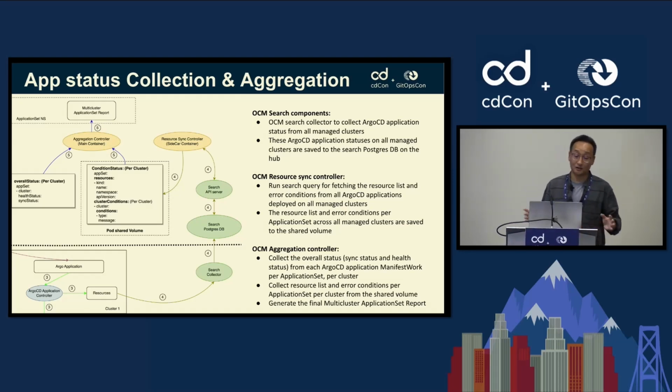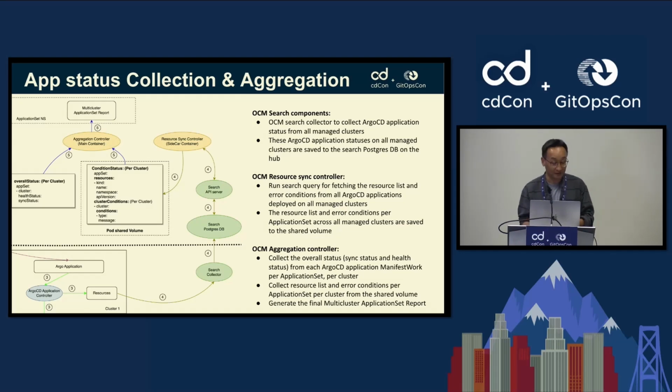So with these two limitations that we identified, we actually have a roadmap plan under consideration, and I just want to share it here. For our manifest work, we already have a proposal to enhance the manifest work API, so that it will be able to fetch the list data as raw JSON.